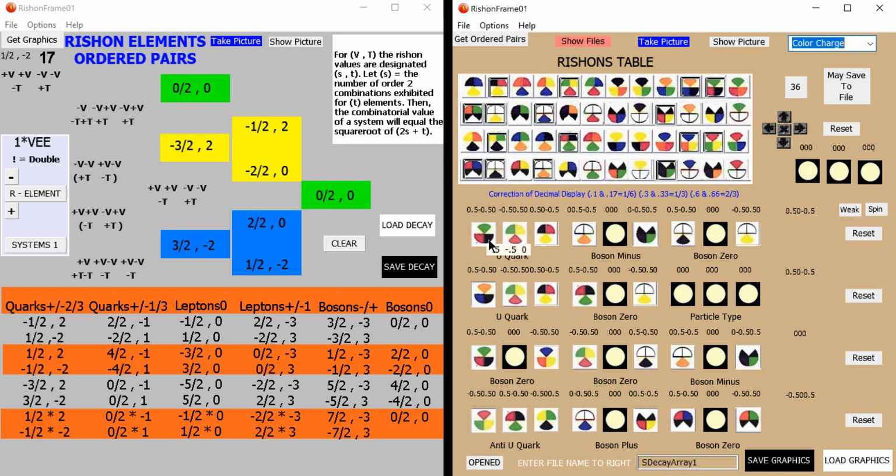For instance, here the color charge is purple, and you can see as I hover there, the actual color charge components are displayed. And so this is purple, and this is anti-purple or yellow, and then we have red.